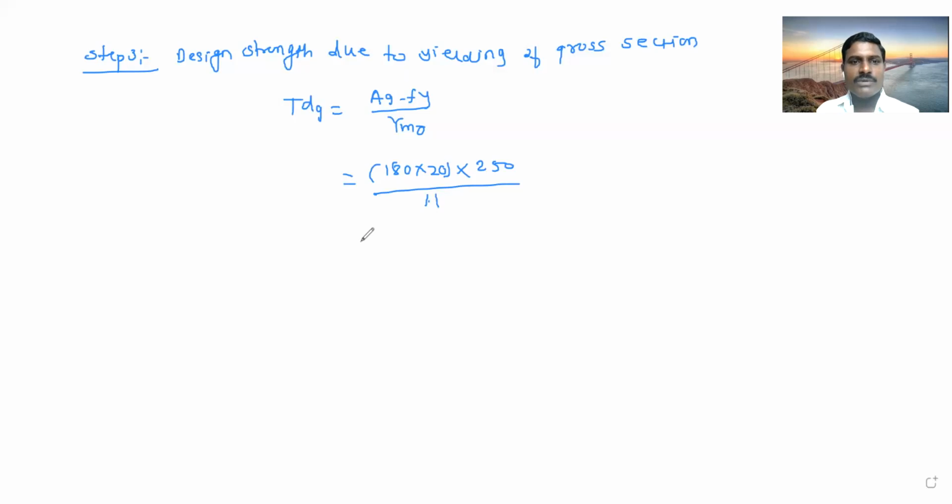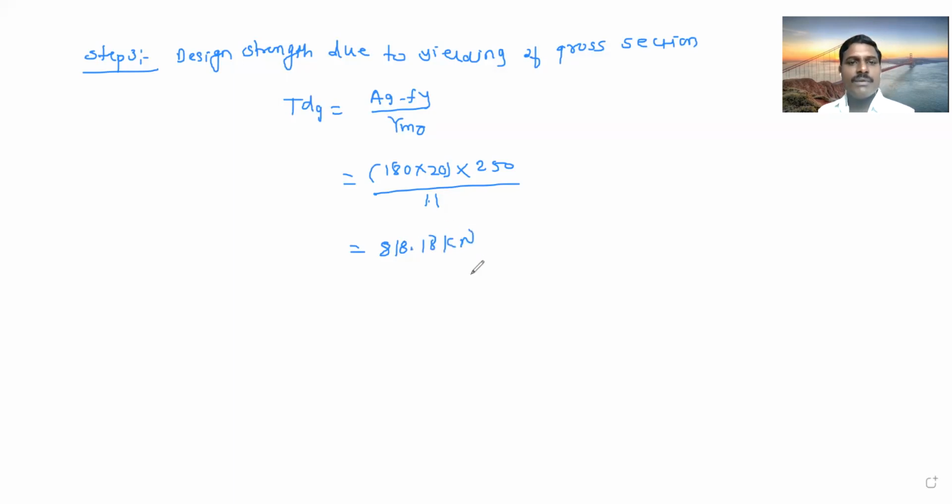Gamma m naught is 1.1. So now you can calculate this: 818.18 kilonewton. Okay, good.